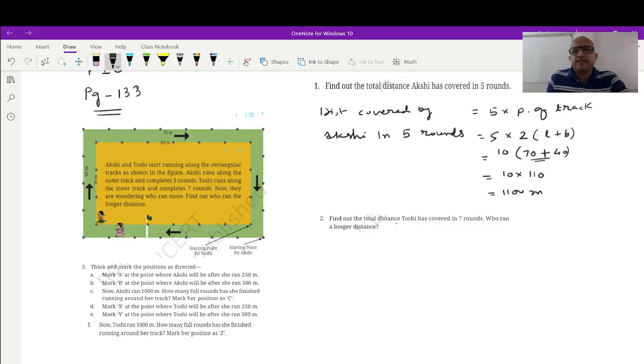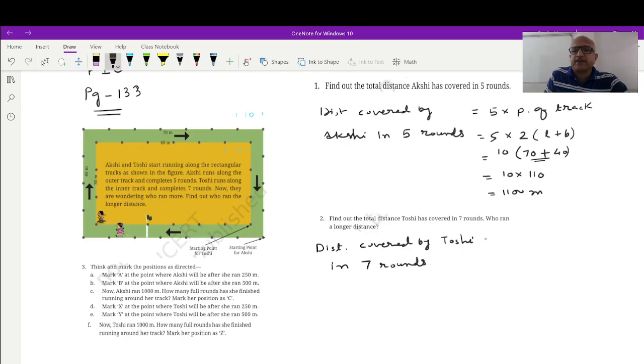The second is the total distance covered in 7 rounds, right? And who ran the longer distance? So again we'll find the distance covered by Toshi in 7 rounds.